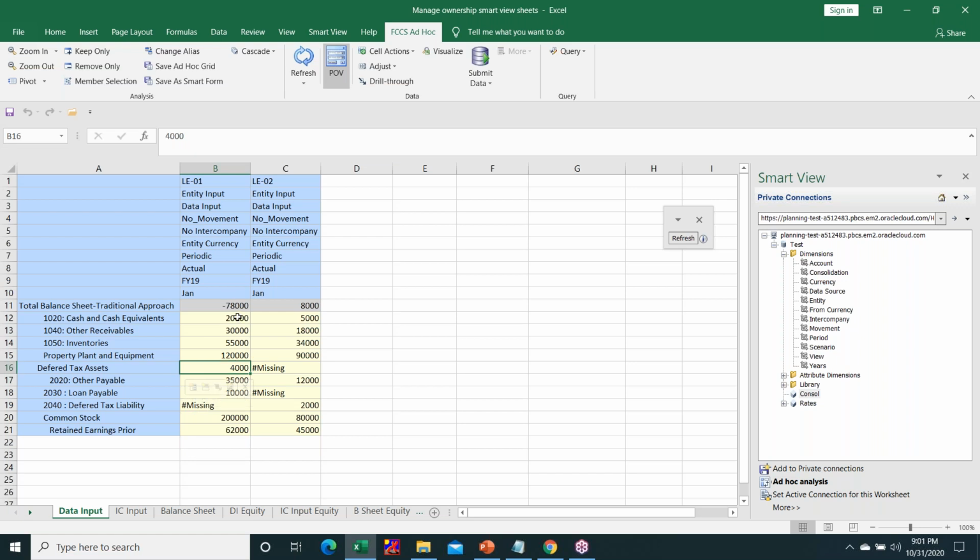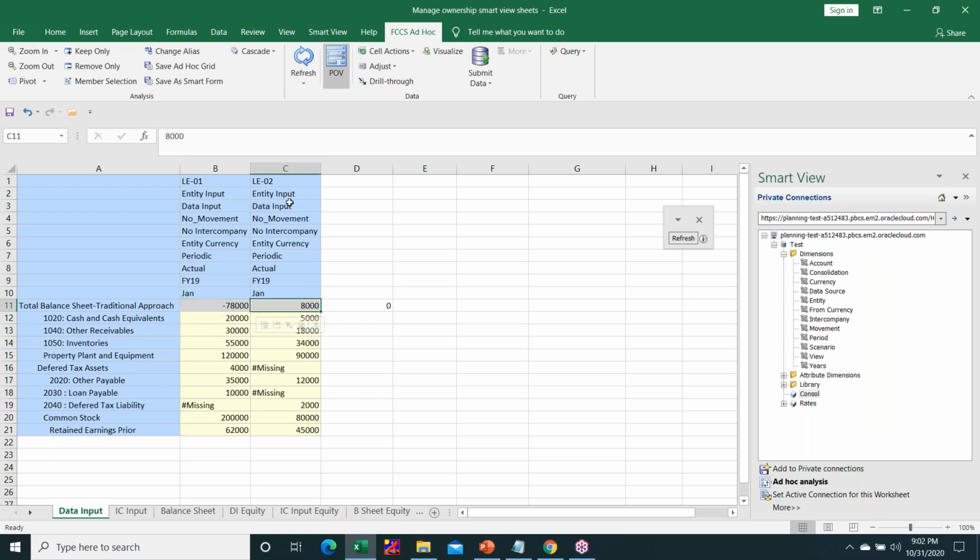Now after inputting all the numbers, if the FCCS application finds that your total asset is exactly equal to the total liability and equity, then at this level your balance should be zero. But you are finding here that we do have the difference of 78,000. Our balance sheet is not getting validated.